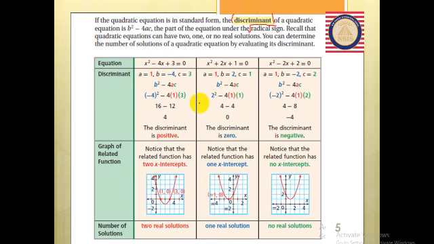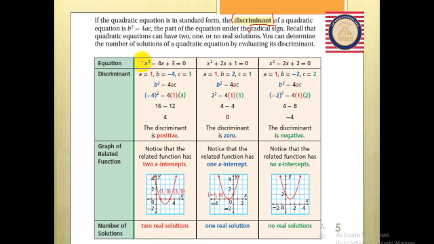How are we going to do this without even solving the equation? I can tell you if you have 2 solutions, 1 solution or no solution. How? I'm going to take the discriminant, b power 2 minus 4ac, and get its value by substituting.